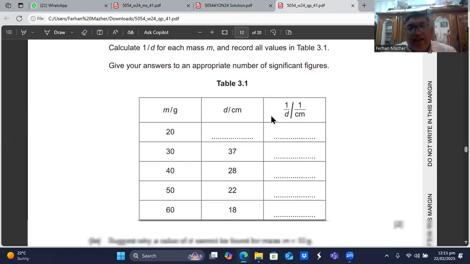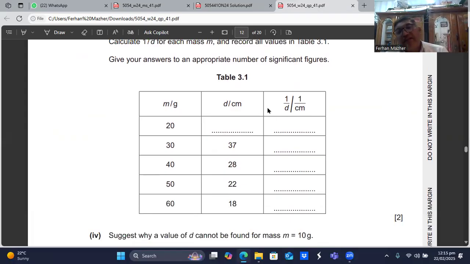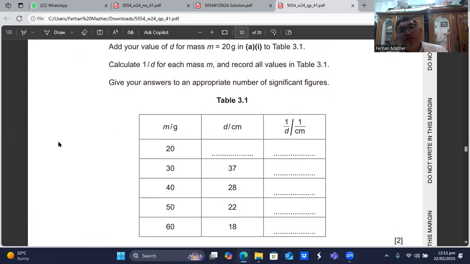So we will add that value here, 57, and then we have to calculate 1 by d for each mass m and record all the values. Here you will have to reciprocate the d values. Like 1 divided by 37, I write here, 1 divided by 28, I write here, 1 divided by 22, I write here, 1 divided by 18, I write here.